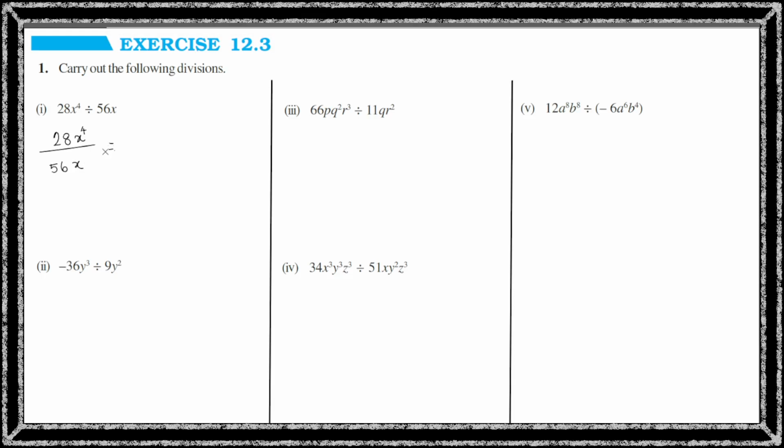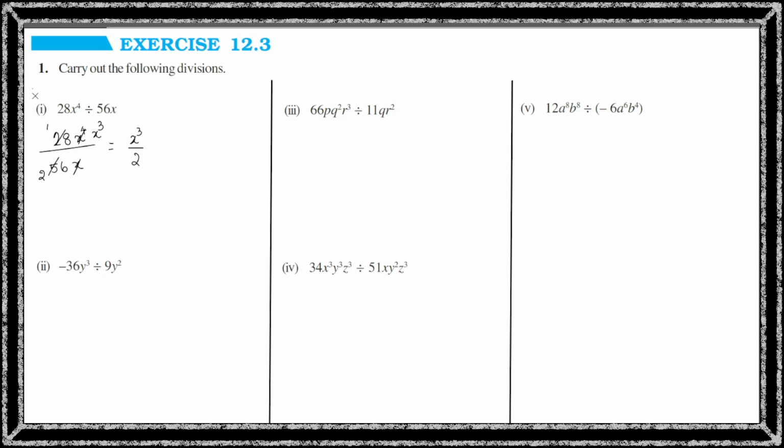So what are the common factors here? You can see that 28 into 2 will give you 56, right? And then you have 4x in the numerator and 1x in the denominator. So if 1x gets cancelled, I'll be left with x cubed. So answer is x cubed by 2.